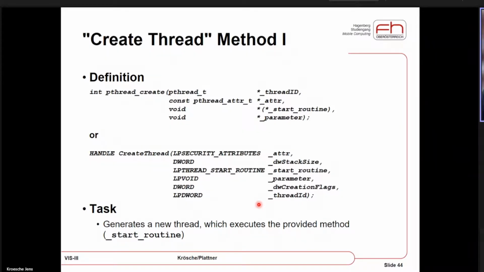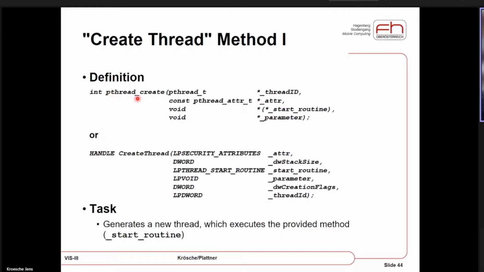So how do we create a thread? We will take a look at the create thread method. And depending on what system you are using, we have either pthread_create, which is for the Linux and iOS world and the Cygwin world.